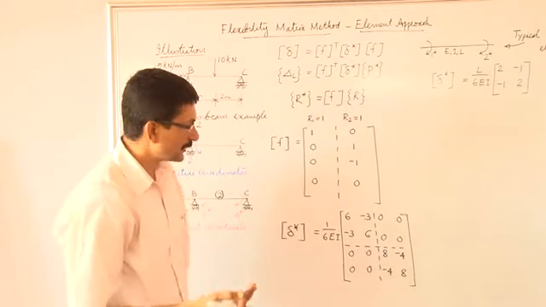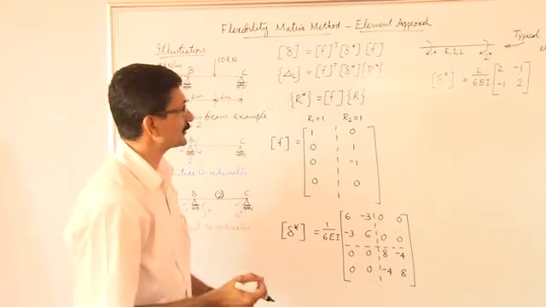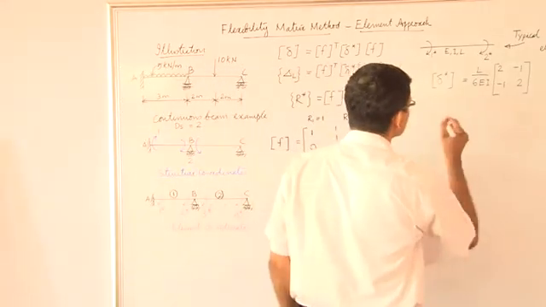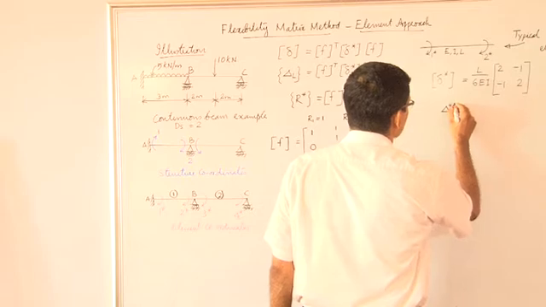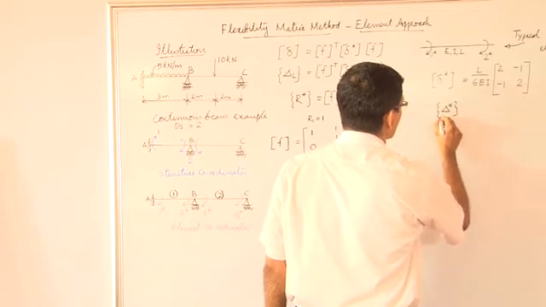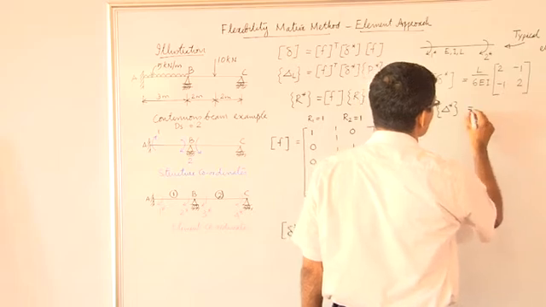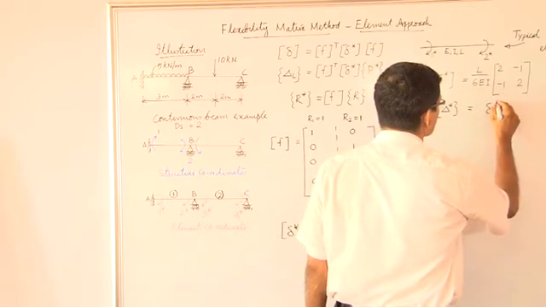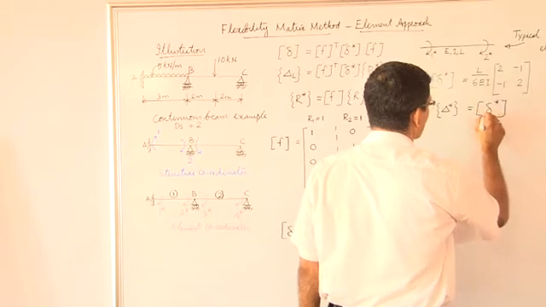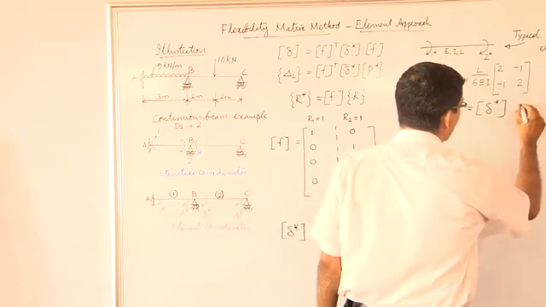To have more clarity over here, the element flexibility matrix is defined as, say, delta star, the displacements corresponding to the element coordinates, is equal to the element flexibility matrix small delta star into the element forces, let us say R star.